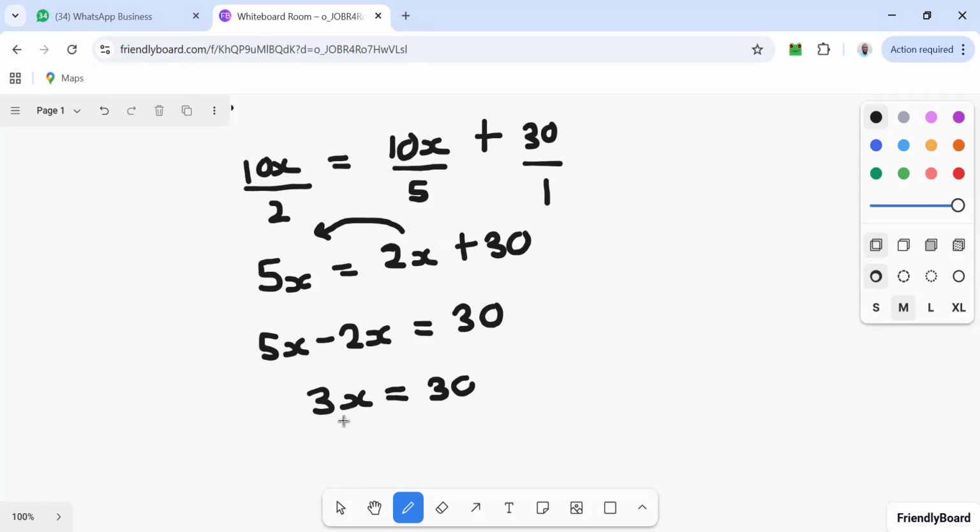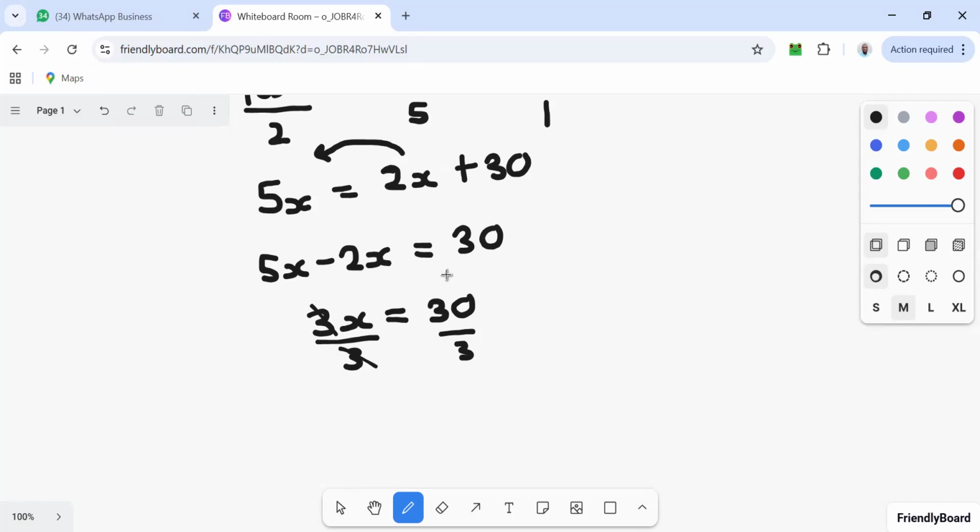Then I'll divide both sides by 3. These cancel out. 3 into 30 is 10. So you can see x is equal to 10. I have solved for x.